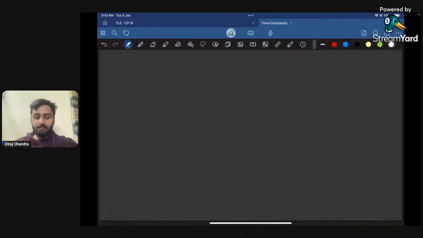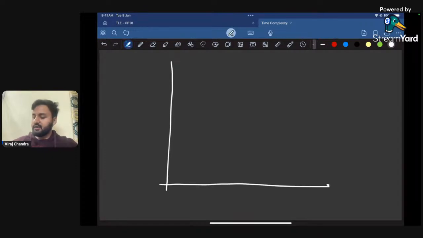Now, I'll put a small comment on how this is represented on a graph of time complexity. Everyone understands general 2D geometry, right? Let's say this is the input, and let's say this is the time.